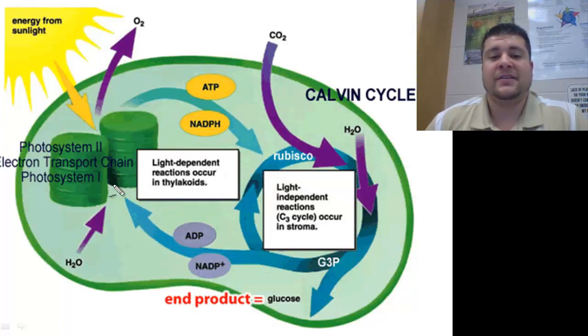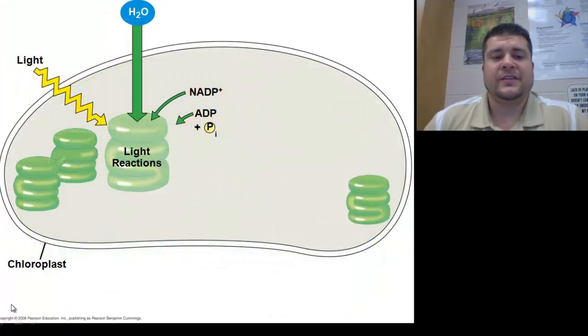So to look at this a little more closely, we have light moving in, hitting a thylakoid. Water and NADP+ and ADP from the Calvin cycle, which will be right here in a second, will move in, and that water will actually split.